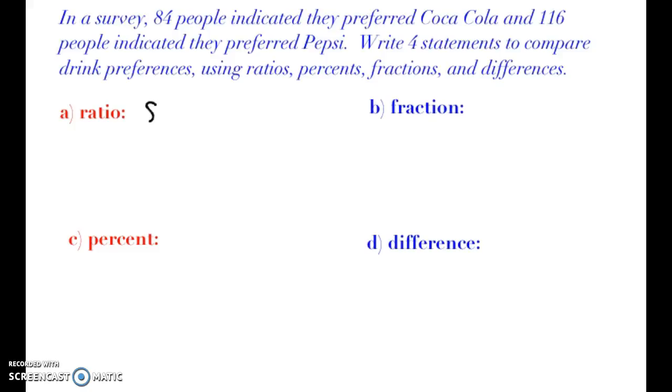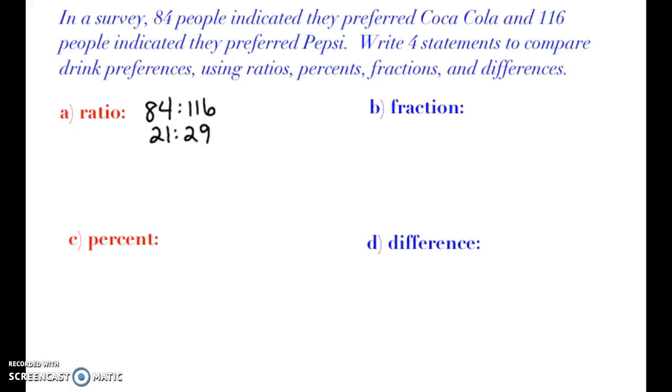So ratios, if there are 84 people that liked Coke and 116 people preferred Pepsi, it's very common to reduce that ratio. They can both get divided by 4, so that will be 21 to 29. When you're writing a statement, you want to be clear about your order.